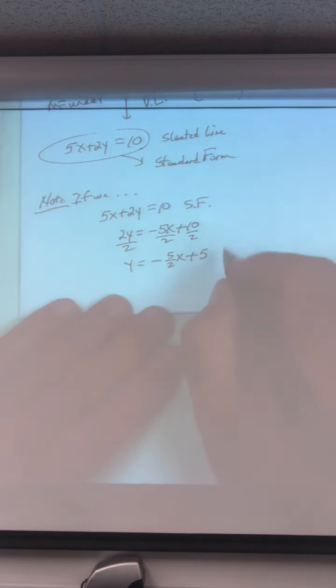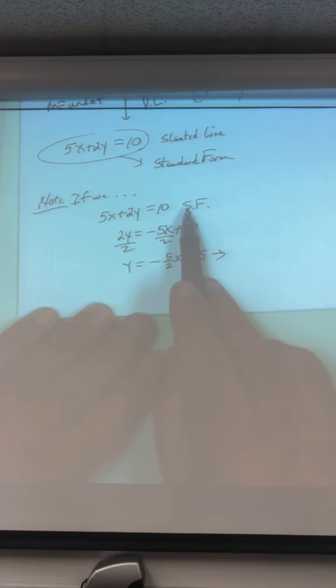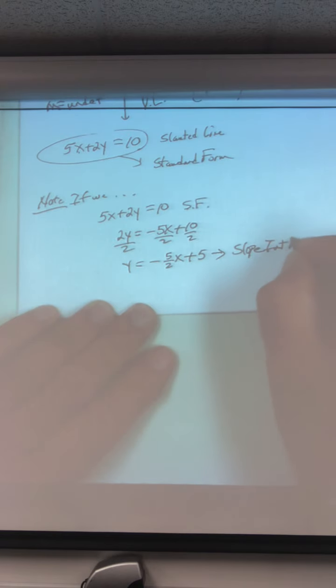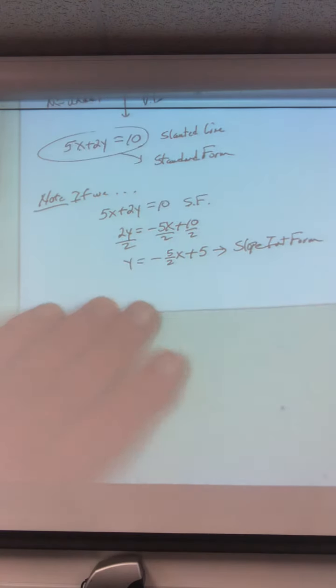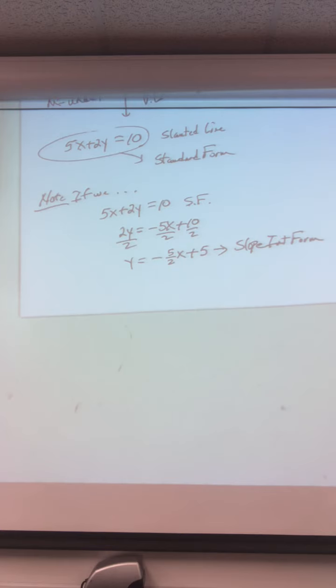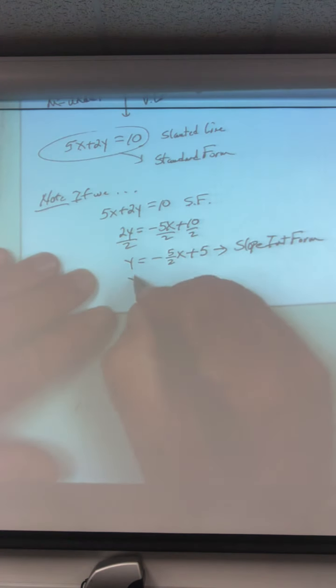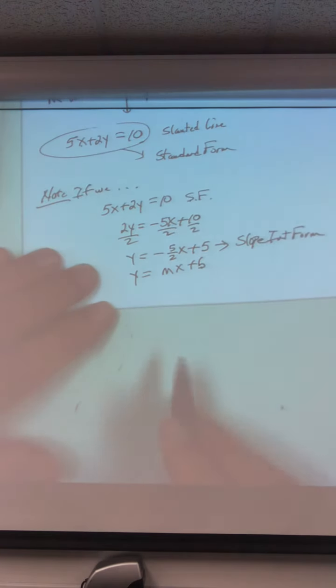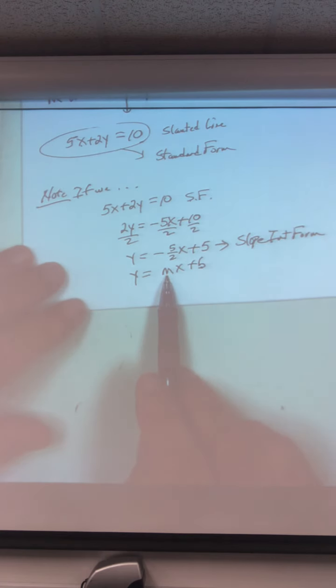The note you just took said when you do this, it is no longer in standard form. We call this slope-intercept form. Now, what was slope-intercept form? What did you write? I'm going to write it right up under here. y equals mx plus b. So m, which stands for what?